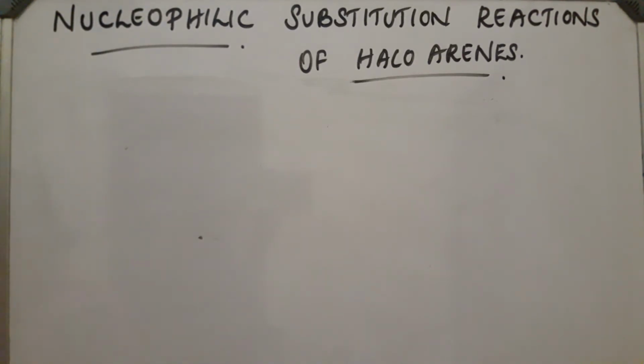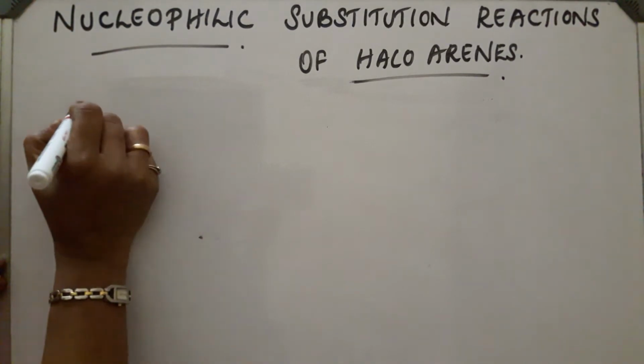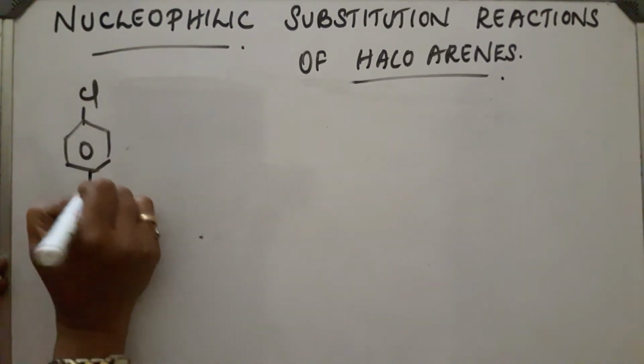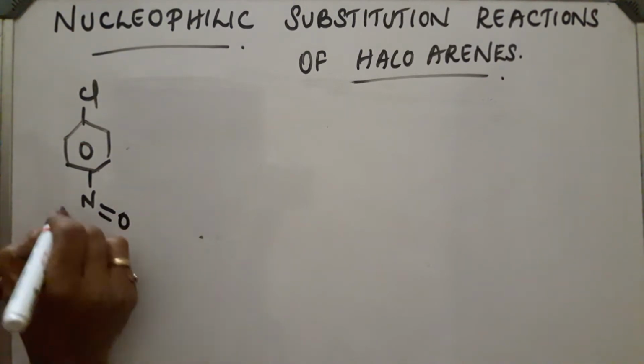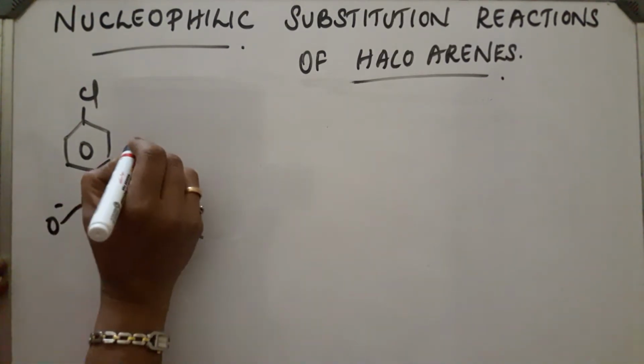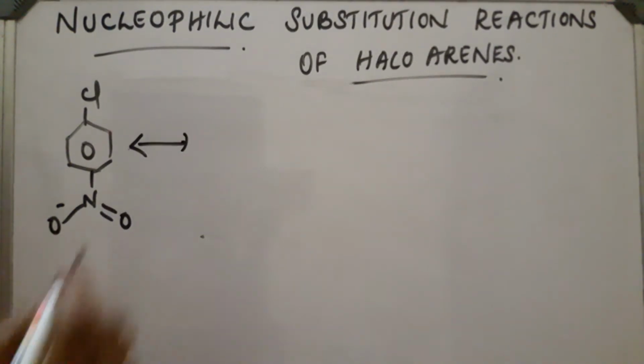Let us explain that. First one, if NO2 is present in the para position, these are the different resonating structures of this compound.